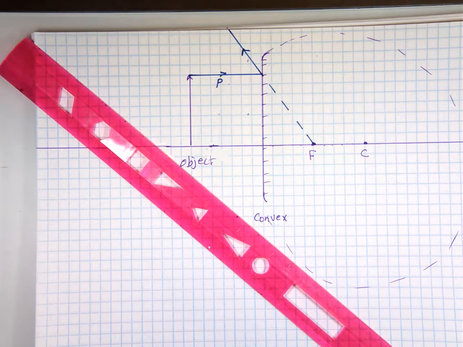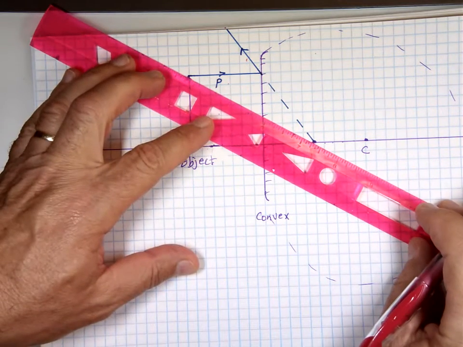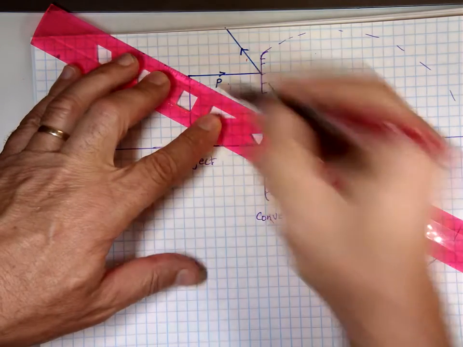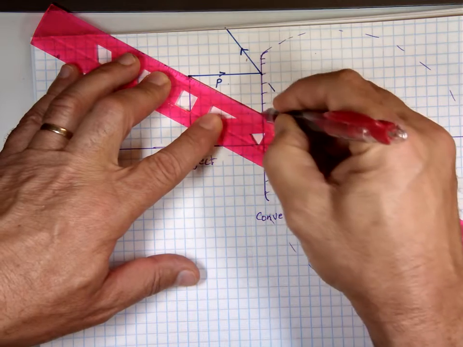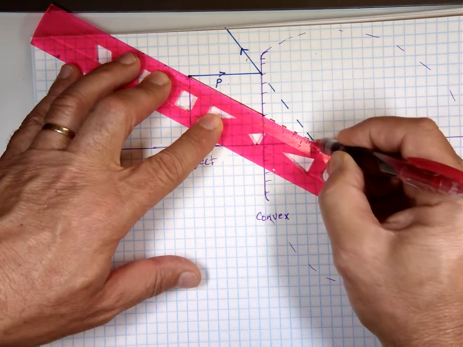For convex, the P ray. Now the focal point, I use red, the F ray, going through the focal point. This is the F ray. If I continue with that, it looks like it's going toward the focal point. As I said, it's not going to go through that point.